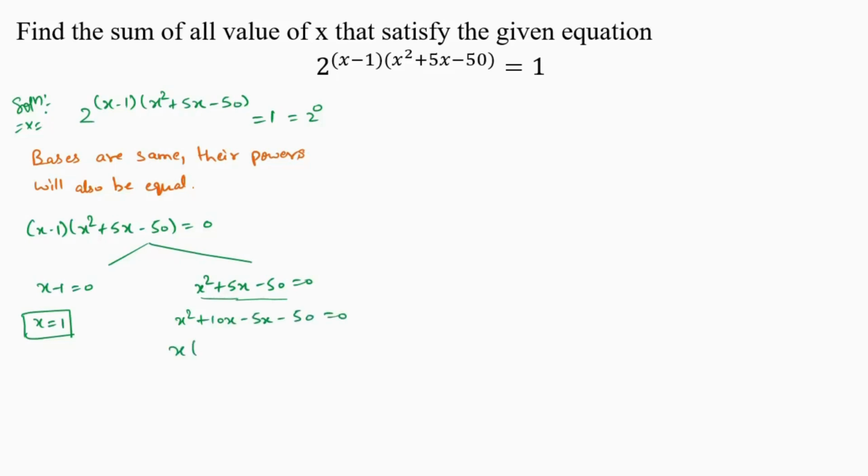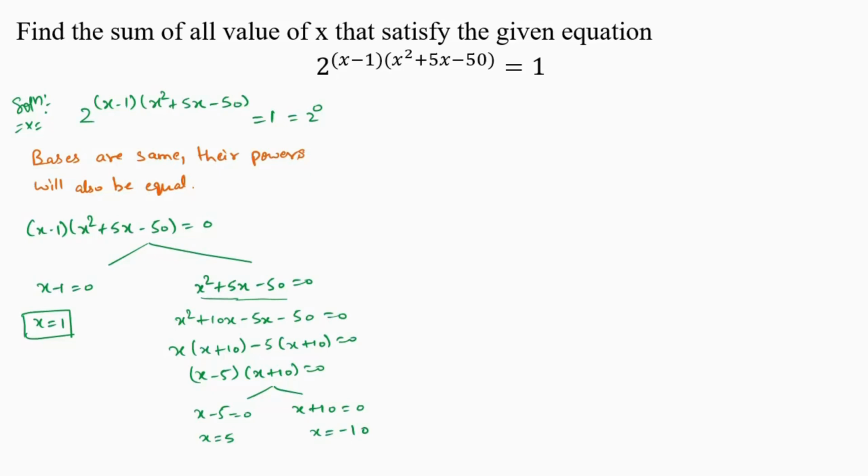Take x common from the first two terms, we get x(x plus 10) minus take 5 common, so we get (x plus 10) equals 0. So we get (x minus 5) times (x plus 10) equals 0, and from here we get x minus 5 equals 0 and x plus 10 equals 0. So from the first case we get x equals 5, and from the second we get x equals minus 10.